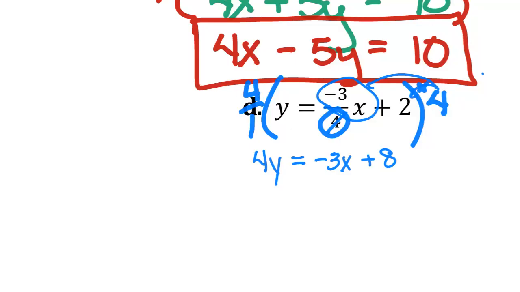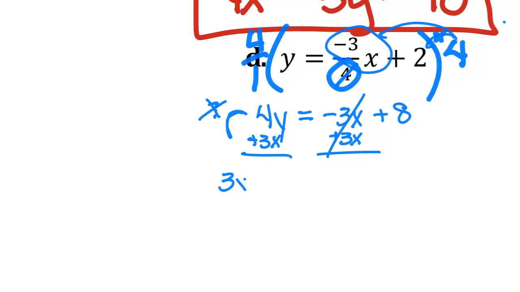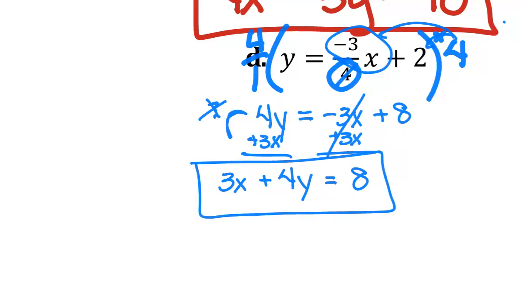Now, I don't have any fractions, but I got to move that x term to the left. Add 3x. Add 3x. Can these combine? No. But put the x term first, because x comes before y, just like ax plus by equals c, and that is standard form.